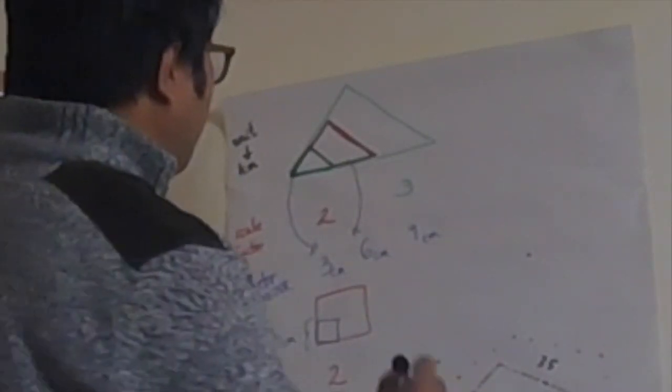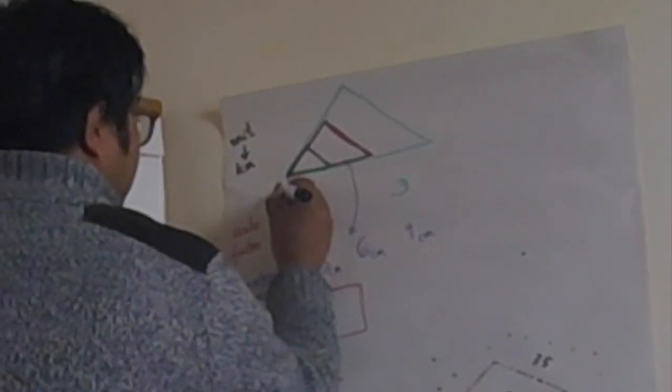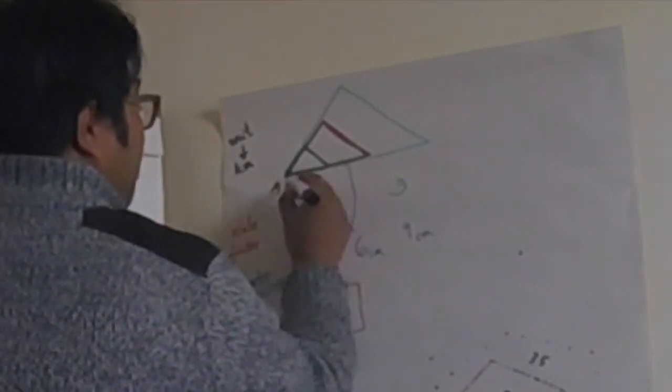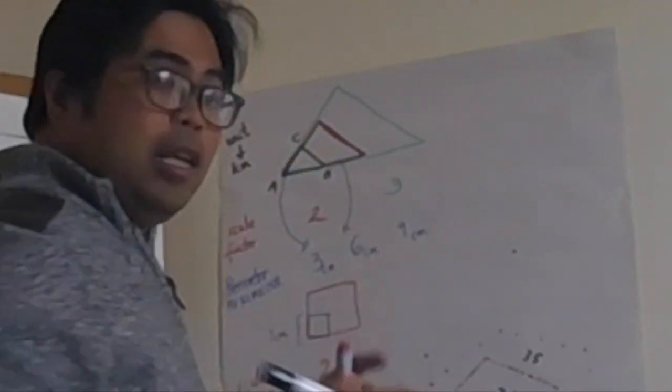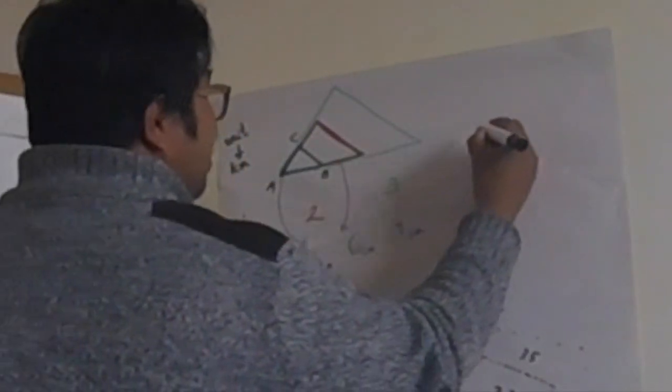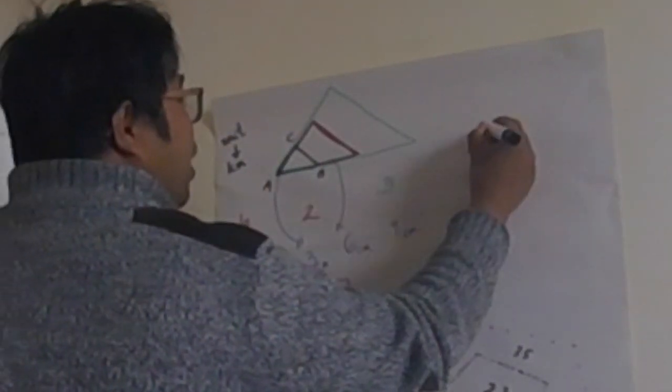So the point of enlargement is this side here, point A, right? If this triangle is ABC, now what will happen if my point of enlargement is this one? So I draw the same triangle.